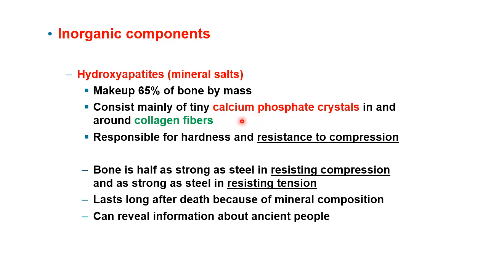Basically, you have these calcium phosphate crystals that are inside the collagen fibers and around the collagen fibers. Those are very, very important to give the hardness of the bone. As we compared before, these hydroxyapatite minerals are like the cement when you are trying to build a building or some structure, right?